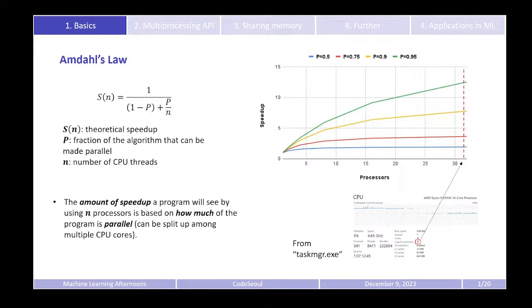In my machine, I have a 16-core machine, but when we check down, there is also a line saying the number of logical processors is 32. So we should refer to that number of processors. Does it make sense? Yeah. So this n in the equation is the number of processors, and this graph is also based on the number of processors.